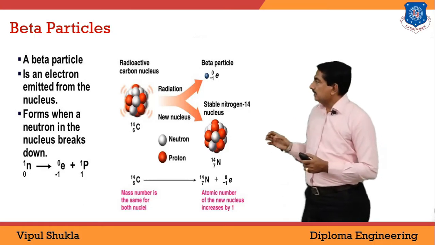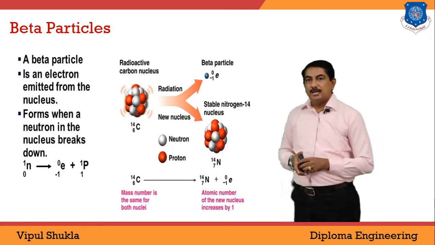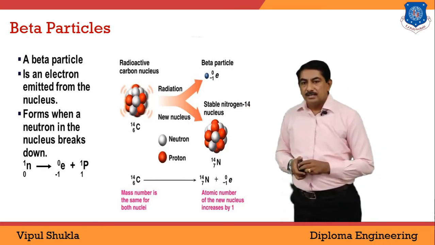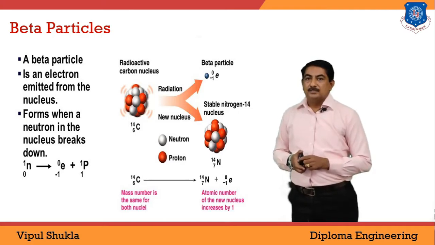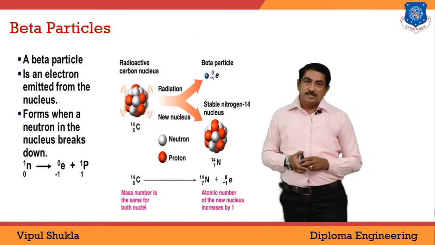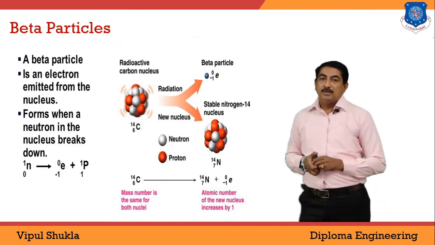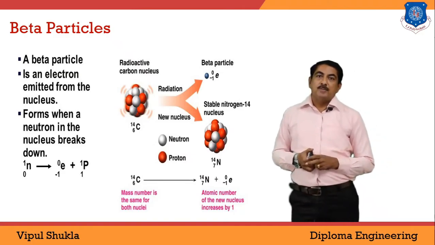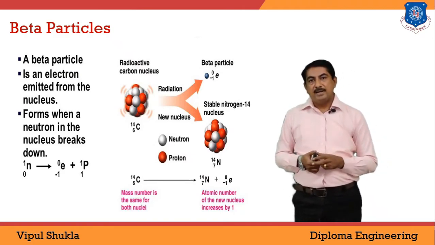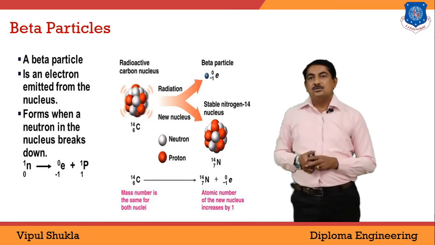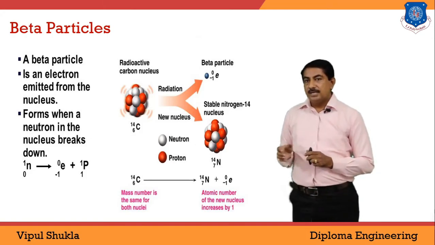Look at another example of emission of beta particles. Here carbon 14 undergoes a disintegration. It will emit energetic particles like beta particles, or say electrons. Then what happens?